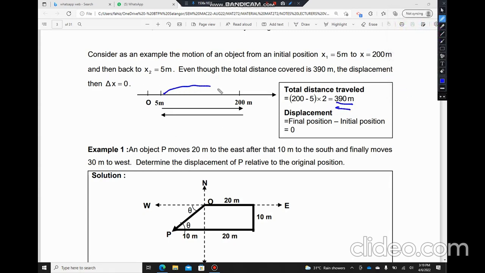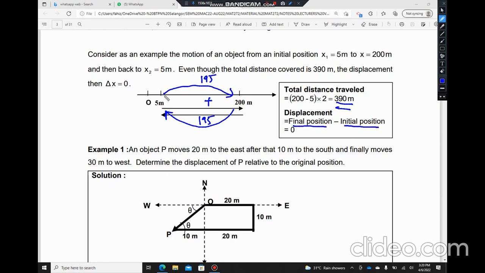Because kat sini dia bergerak 195 and then dia patah balik 195. So total distance dia adalah 390 but the displacement is 0 because displacement is final position minus initial position.